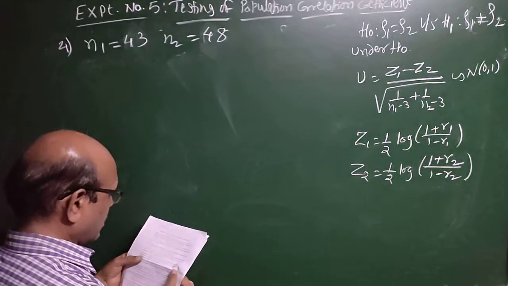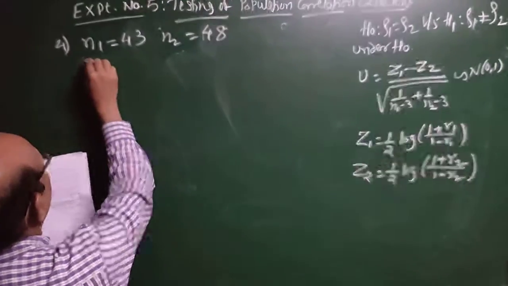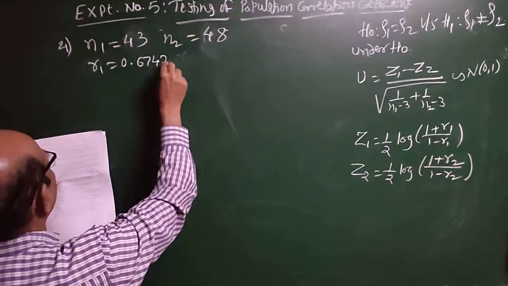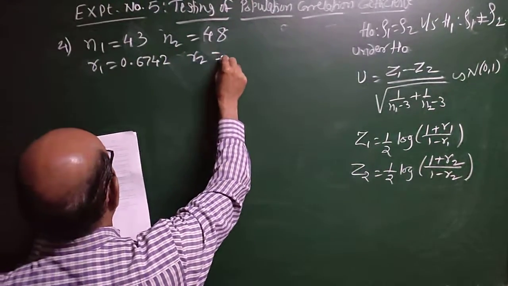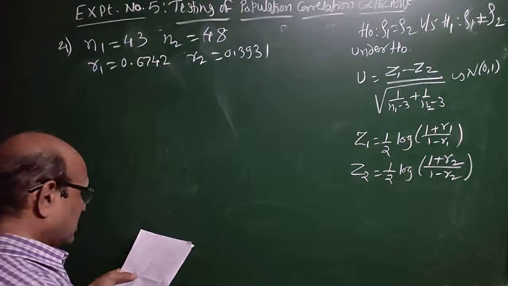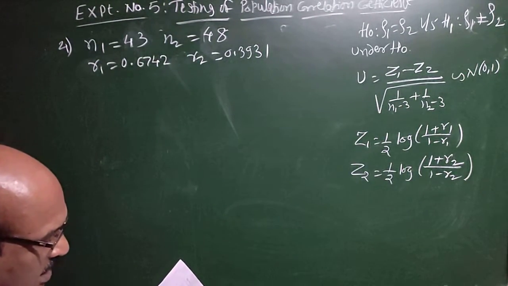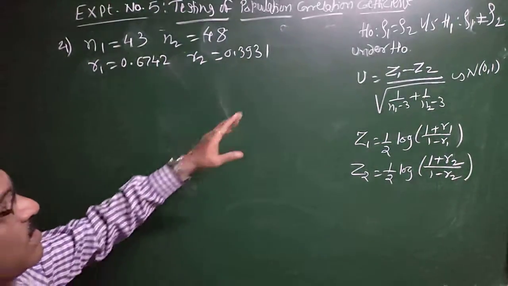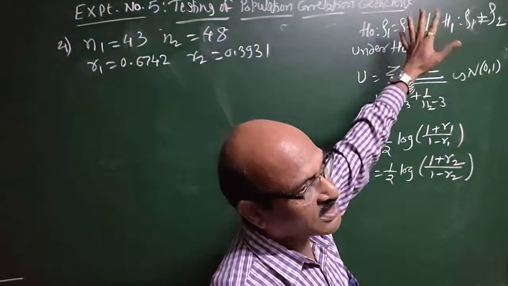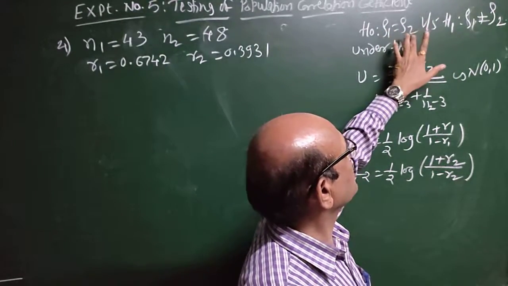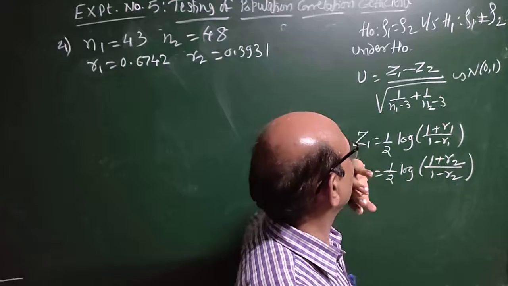The corresponding correlation coefficients are R1 given as 0.6742 and R2 given as 0.3931. So these are the two values. Is the difference in population correlations significant? That means you have to test whether they are equal or the difference is significant, that is, rho 1 minus rho 2 equal to 0 or not.